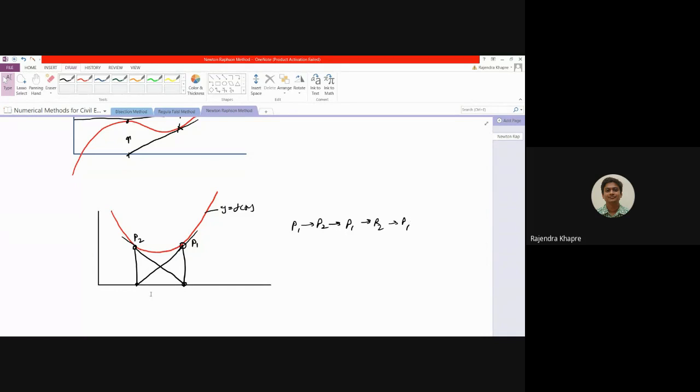So you should be in a position to write the correct answer. And you may be asked what the advantages and disadvantages of the Newton-Raphson method are. I have already explained all the advantages and disadvantages, but you have to write them properly in the examinations. Is it clear to everybody?